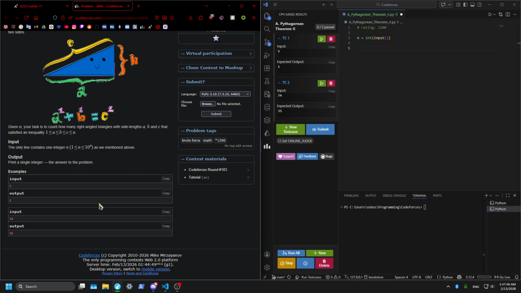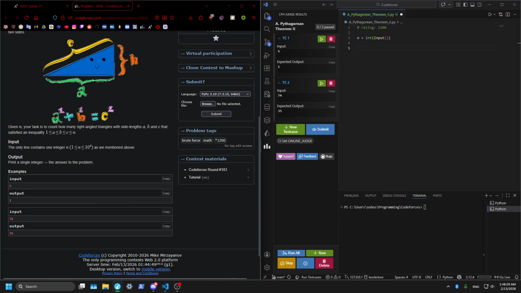I don't know if it's right. I don't think it's right. Okay, for 74, there's 35. So I was gonna say you just count the squares, but... is it 74, there's 35 triangles that work?